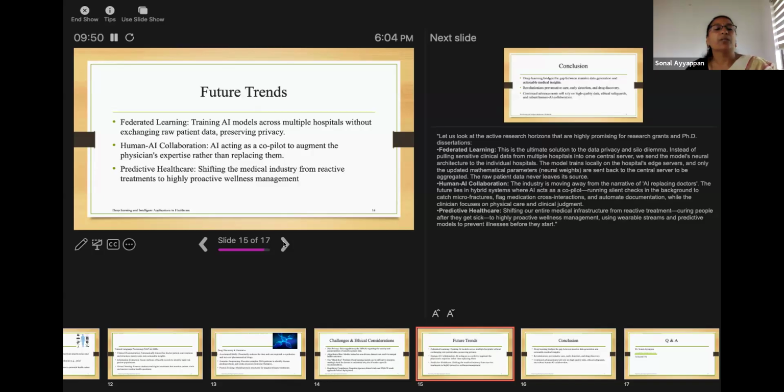So that is a human-AI collaboration. AI acts as a co-pilot to augment physicians' expertise rather than replacing them. Yes, for every medical aspect, the doctor is needed for the final decision. Don't think that when we go there, the doctor is not looking. Every doctor has taken an oath, and they are also under the challenges and ethical considerations which we have already spoken about.